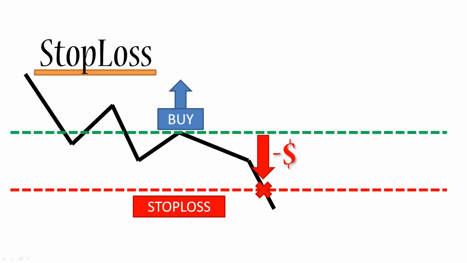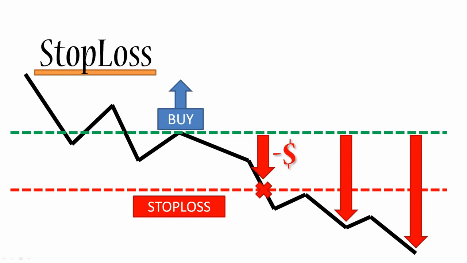So at this stage you would ask, why is a stop loss good if it brings losses? Well, let's see what happens to the market further down the track. It goes a bit up, it goes down, it goes up, and then it goes further down. So as you can see, there could have been potentially a much higher loss. Say this one, or even this one, or even more than that.